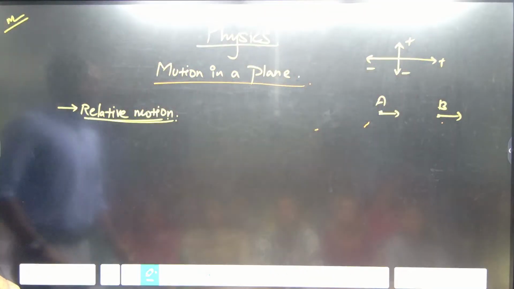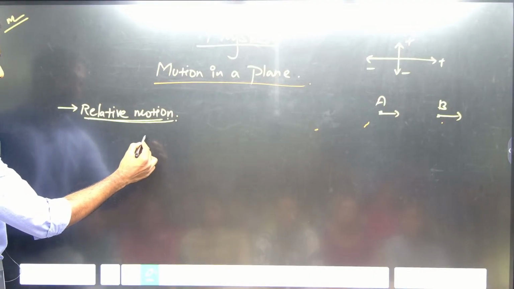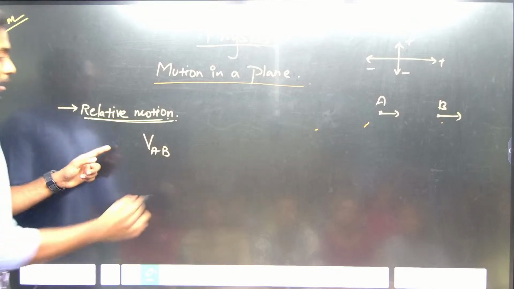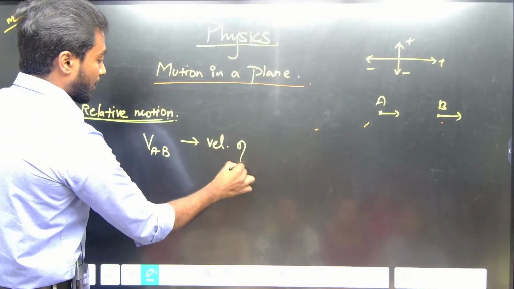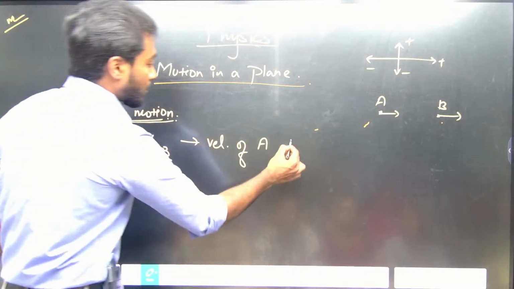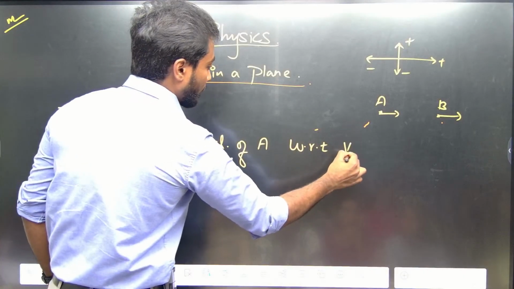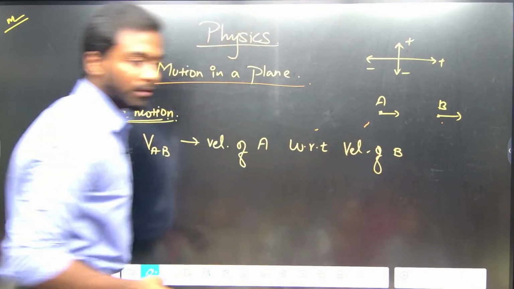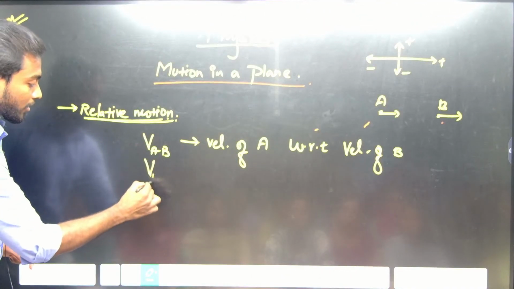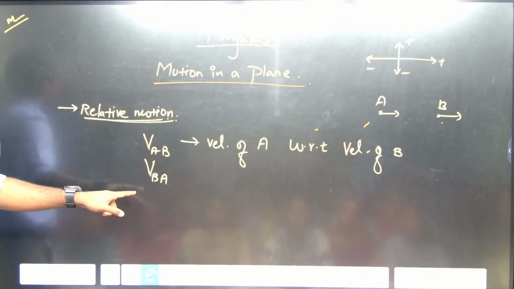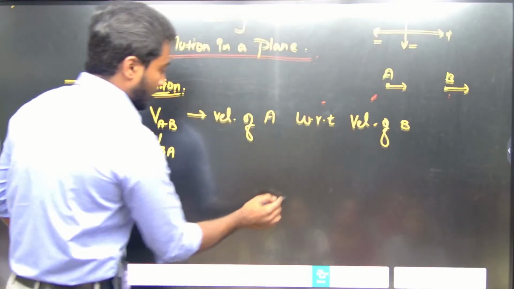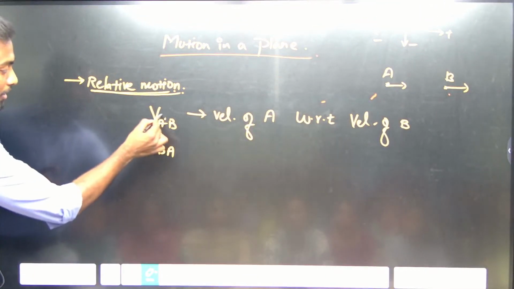Now the formula: suppose I talk about the velocity of an object A with respect to B. How to read this is velocity of A with respect to B. And this one is velocity of B with respect to A. Whenever we write this, what is the first term?